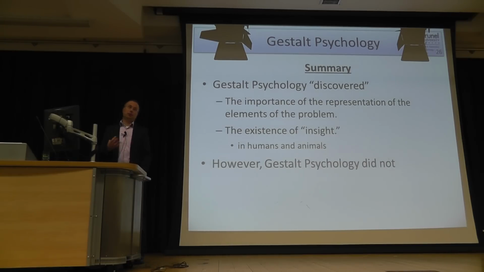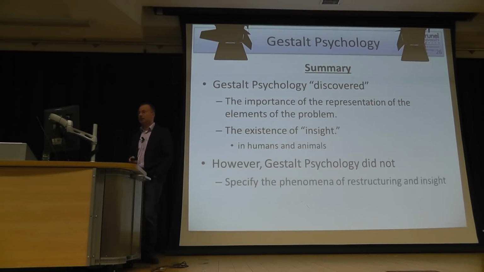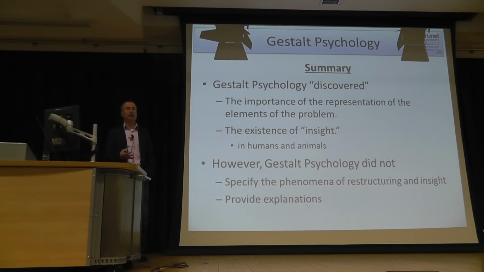However, as with perception, the same criticism holds for problem solving in Gestalt psychology, that they did not specify the exact mental mechanisms of the phenomena of restructuring and insight. So what happens mentally? They didn't provide explanations and cognitive mechanisms. I mean, to be fair, it was in the 1940s, so generally cognitive psychology was not very advanced, but still, it's a problem.